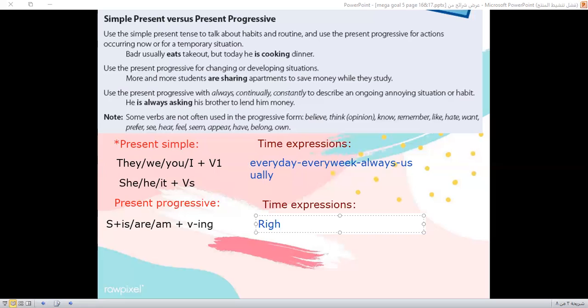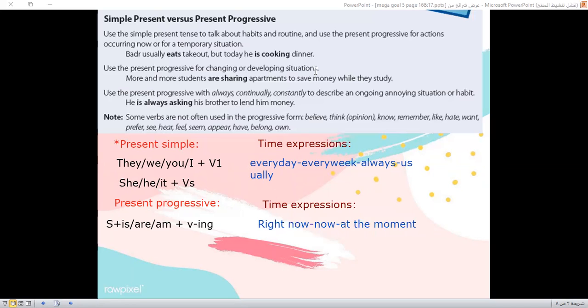Right now, or now, or at the moment. If you see those words in a sentence, you should know that this sentence should be in the present progressive.